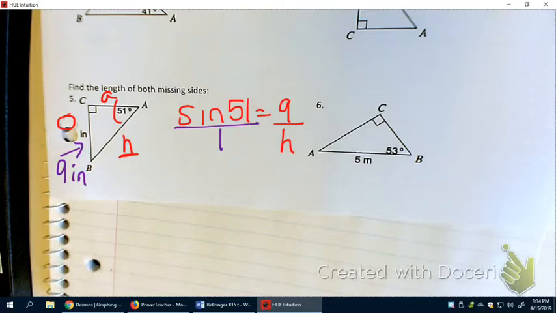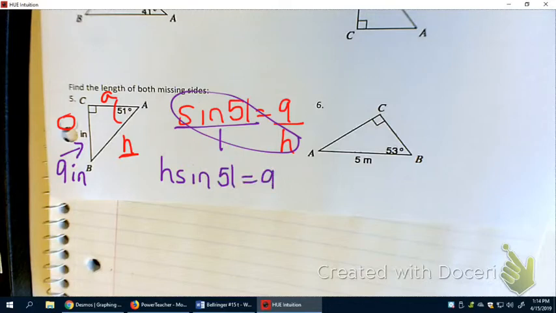Let's cross multiply. And then divide. And what do you guys get for the answer? Good. 11.6 is correct.